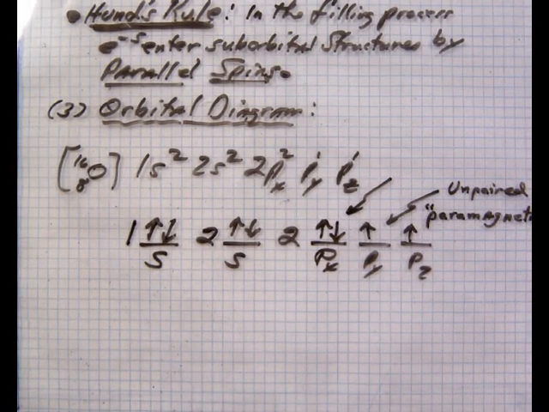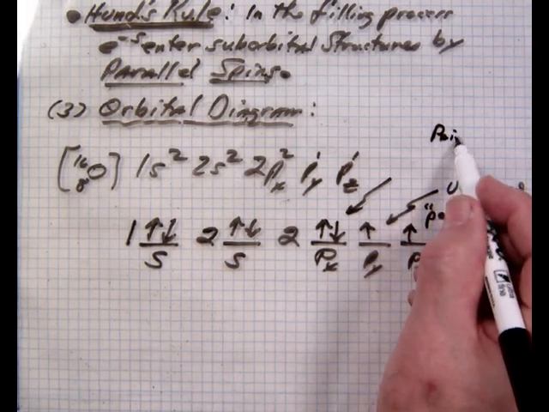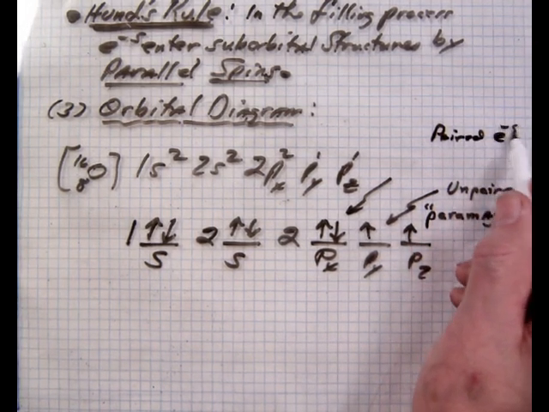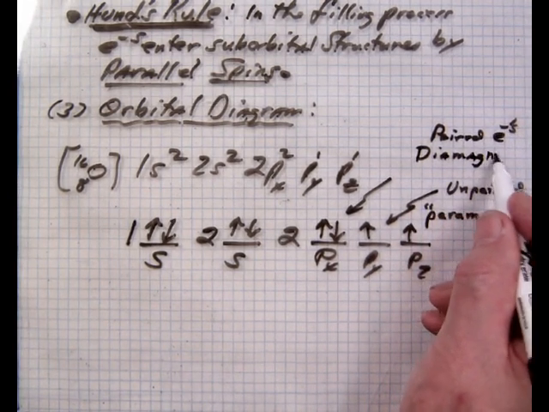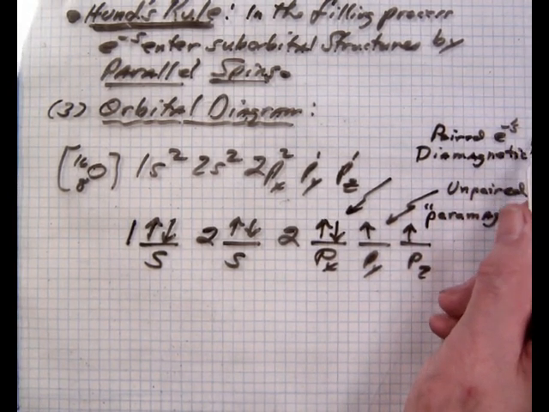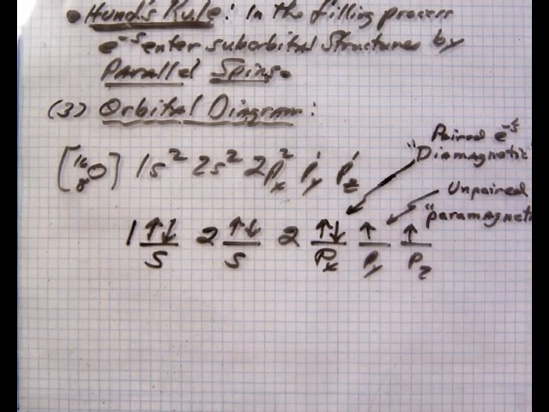It means unpaired electron, paramagnetic. The paired electrons are diamagnetic. Learn that term. So that's just some terminology for what these are saying to us.